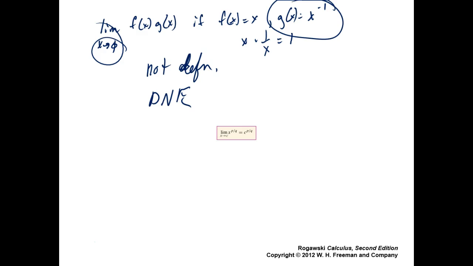Before you can use the product rule, the product of two limits, you have to make sure both limits exist first. Otherwise, doing the math first makes it look like it's 1. However, you really should plug in first, and then you see, no, I can't do 1 over x. So be careful with that. Okay, so that's does not exist, how the book writes it.